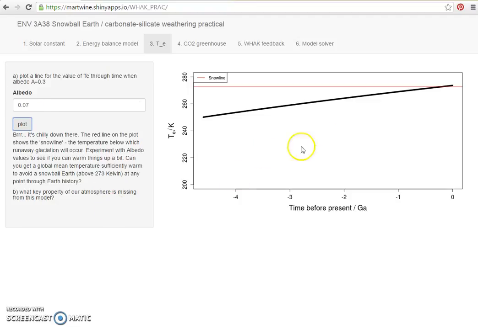So something's missing from this model. It doesn't really do what we want it to do, which is predict something that looks vaguely realistic in terms of global temperature. So question B down here is what key property of our atmosphere is missing from this model? And of course the answer is the greenhouse effect, which is on the next tab.